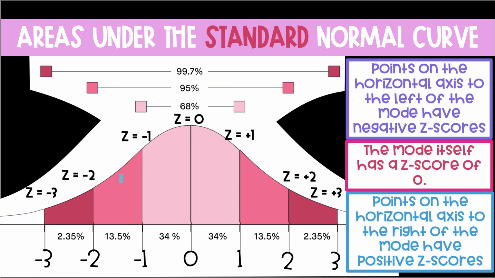What's the area under the standard normal curve between 0 and 2? I will have to add 34 plus 13.5. So 47.5. And this is how we use the standard normal curve to compute areas between z-scores.